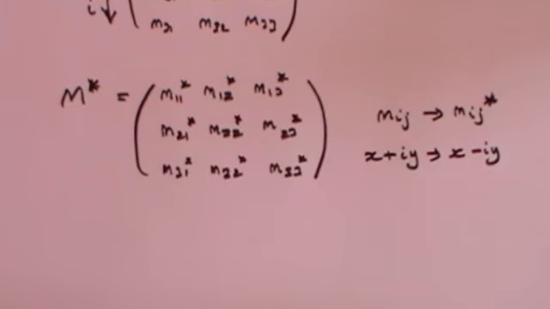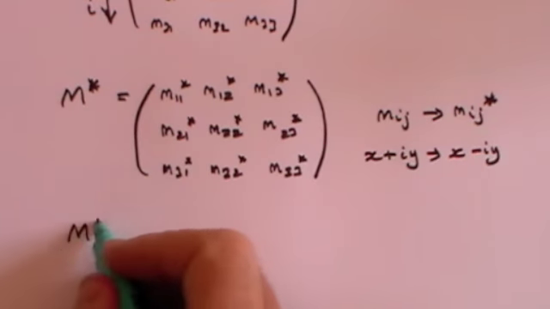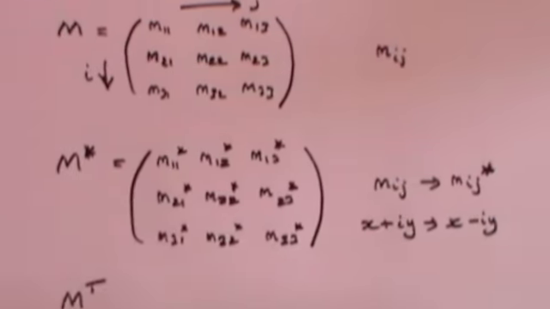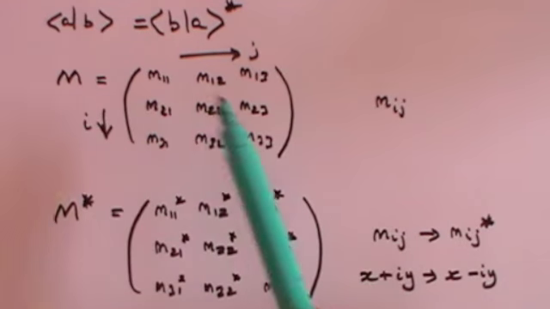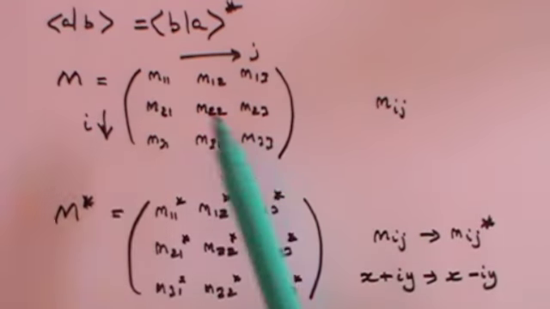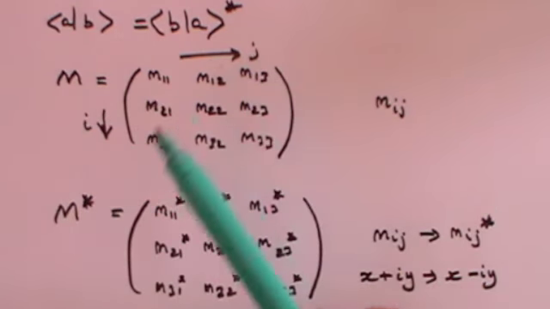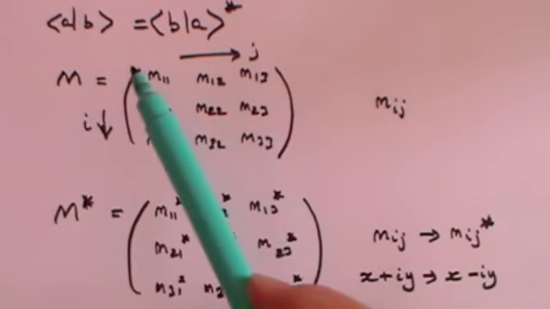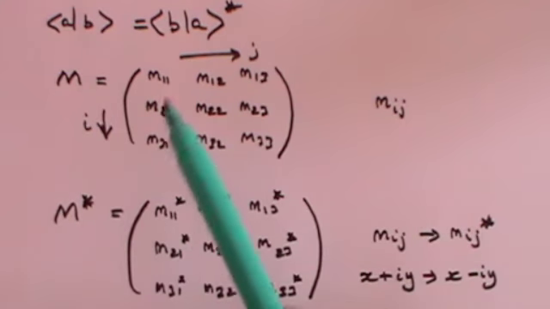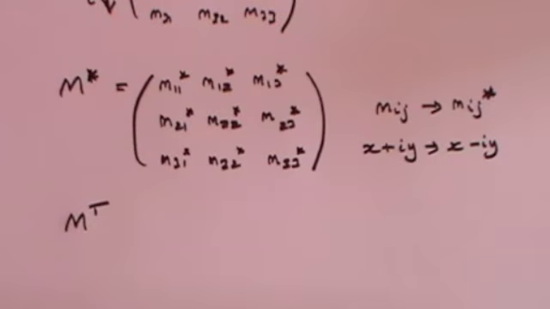Now I'm going to introduce you to the transpose of the matrix. All you do here is you interchange rows and columns. The diagonals stay the same, but the matrix essentially flips over. So the rows become columns and the columns become rows.